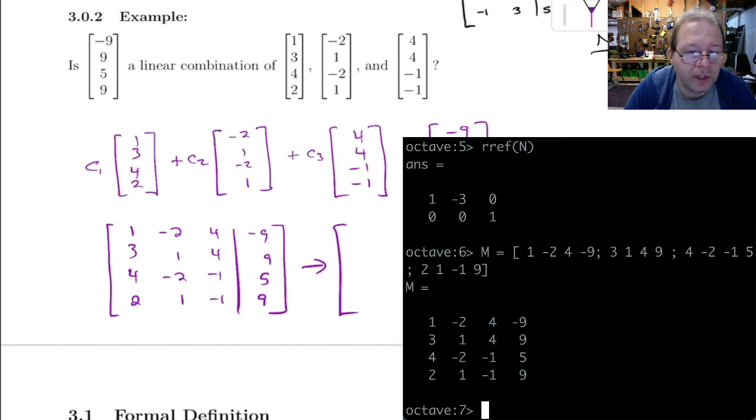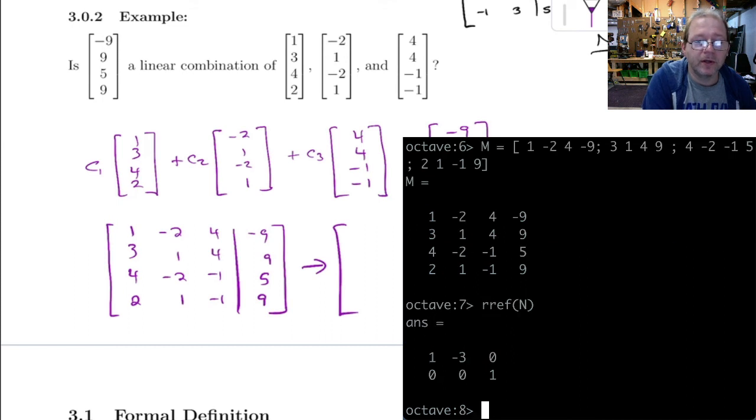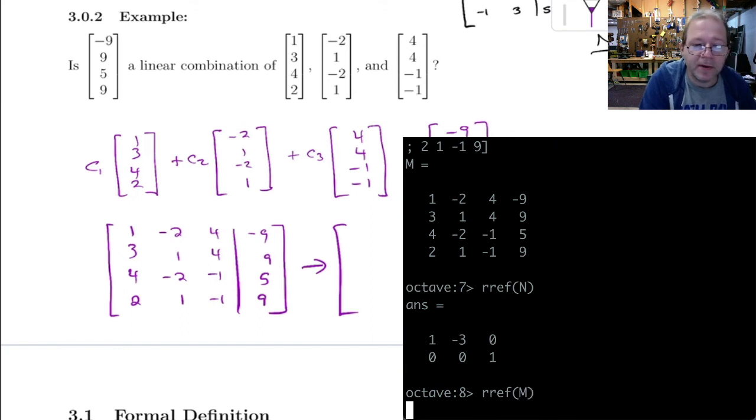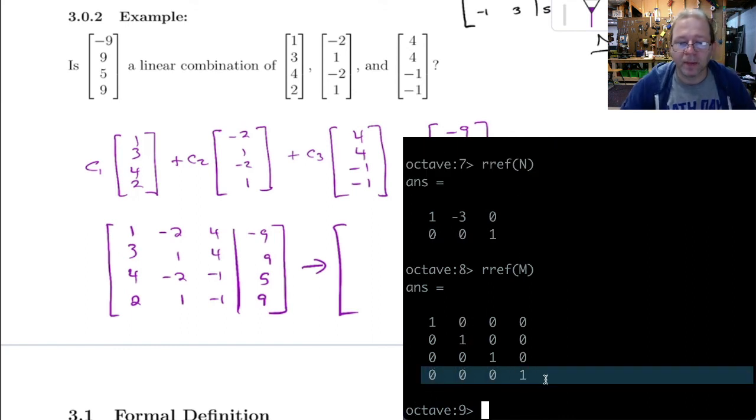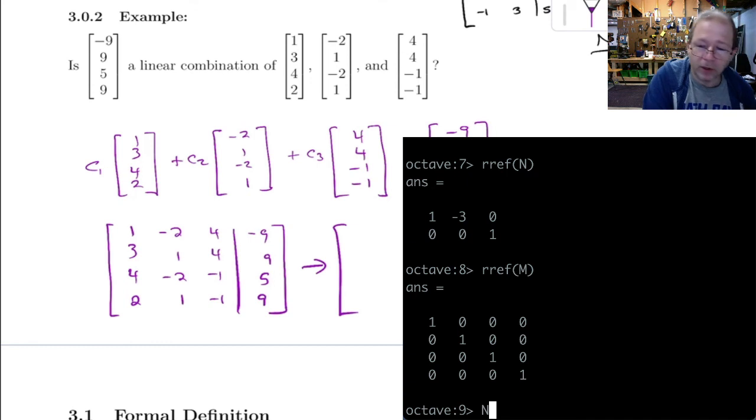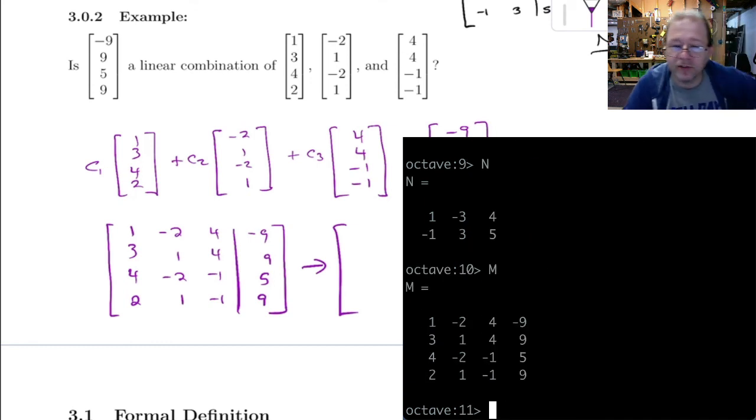Yeah, that's good. So if we take the reduced row echelon form of M, we get this. And this down here is bad news. Well, it's not bad news. It just means the answer is no. Again, let me double check those columns, because I thought the answer was going to be yes. 1, 3, 4, 2, negative 2, 1, negative 2, 1, 4, 4.